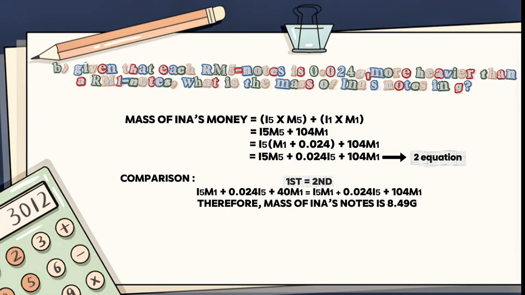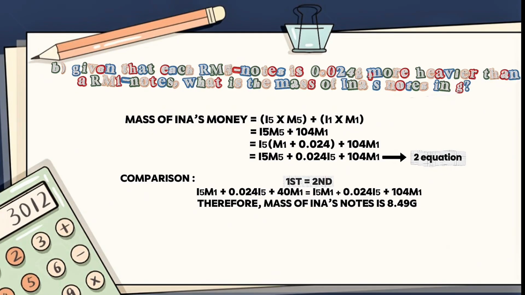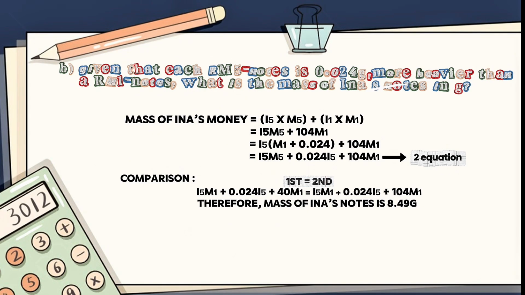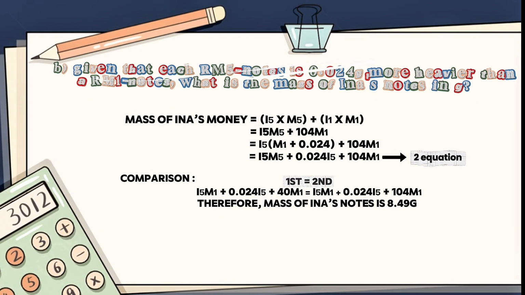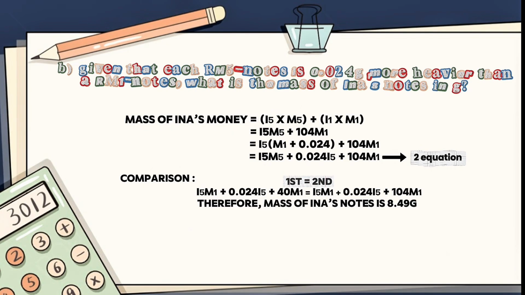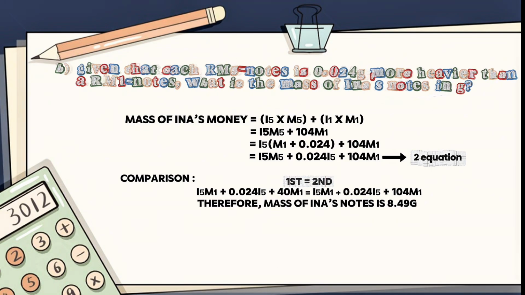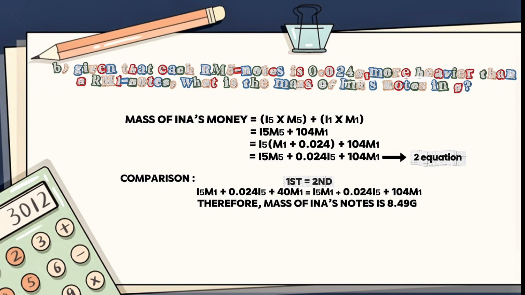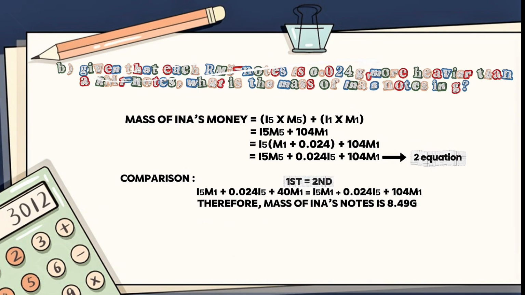We get I5 M1 plus 0.024 I5 plus 104 M1. This is our second equation.